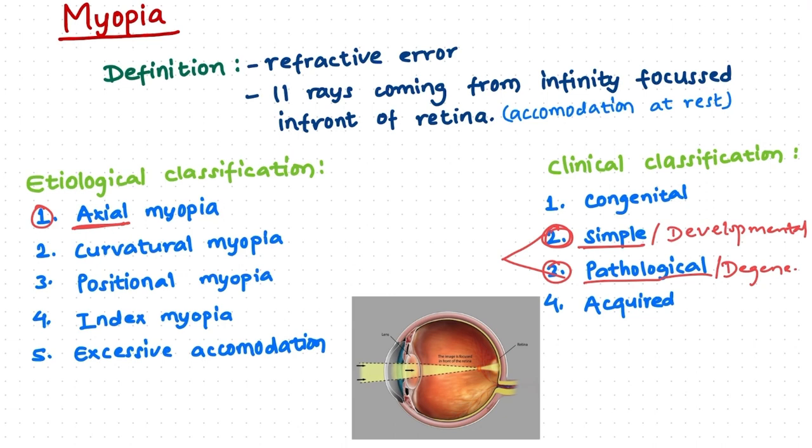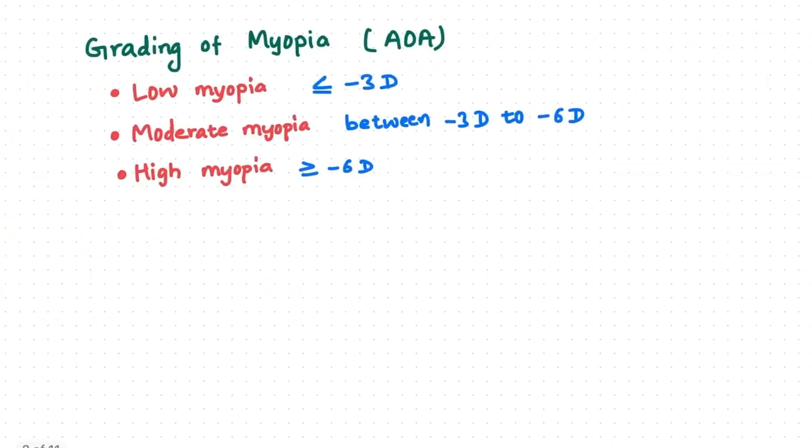Now coming to acquired myopia, it is also known as secondary myopia because it occurs secondary to some other disease, like post-traumatic, post-keratitic, drug-induced, right? So it is secondary to other conditions. Now let's move on to our next slide.